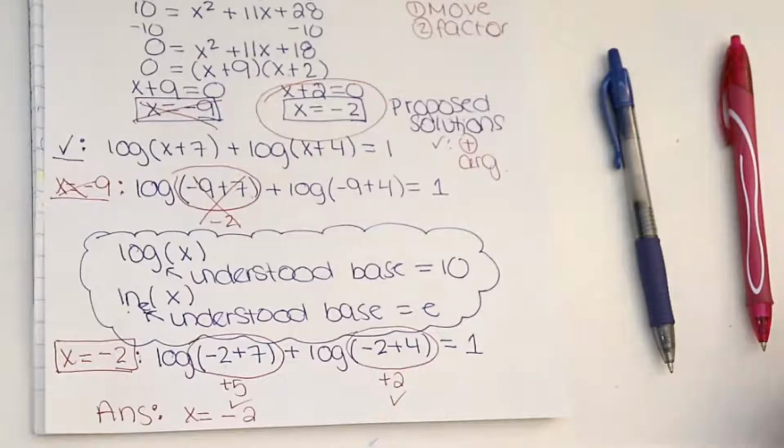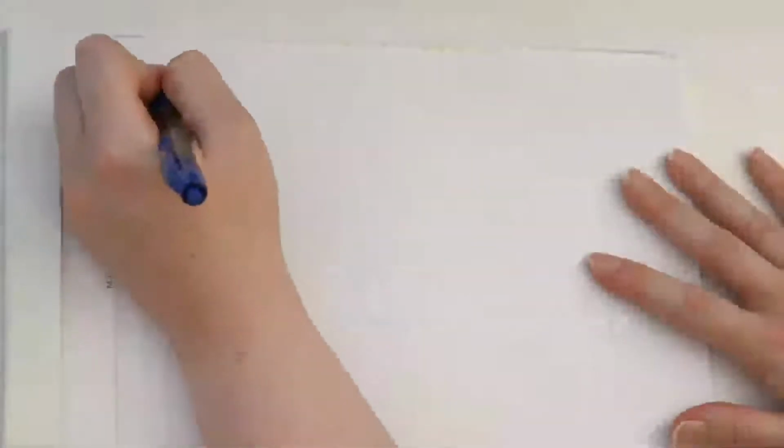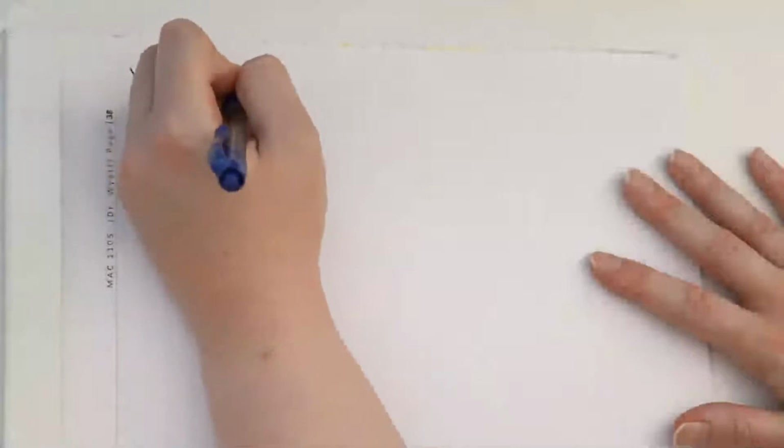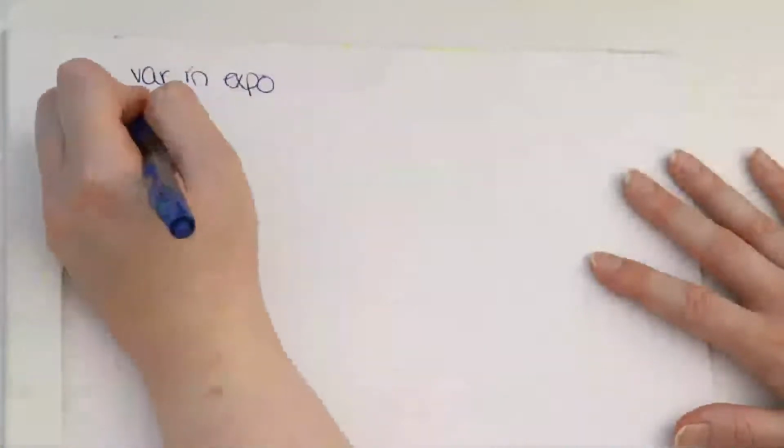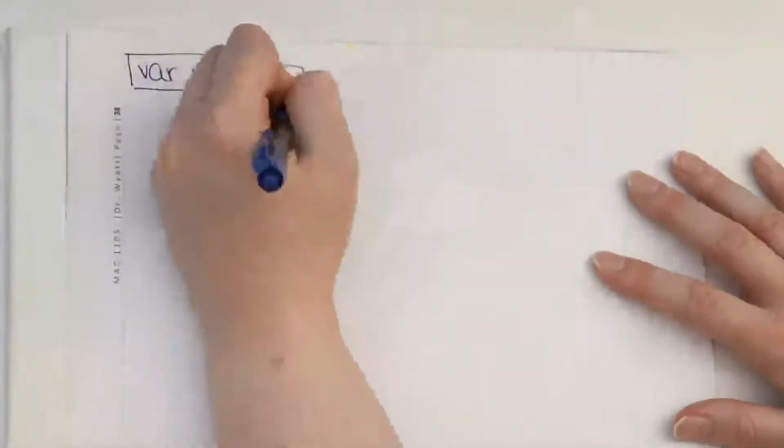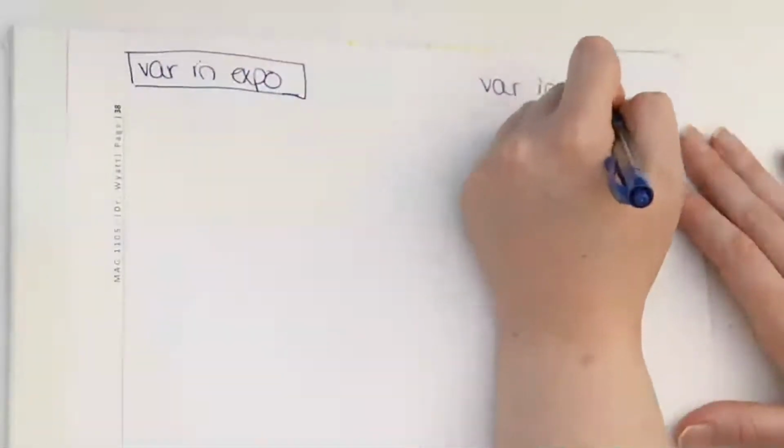Okay, so I want to take a little moment here and talk about a summary of the work that we have done so far. If you have the note packet in front of you on page 38, we're going to talk very briefly about the two different types of equations that you have. One situation is you have a variable in the exponent, or you can have the variable inside the logarithm.